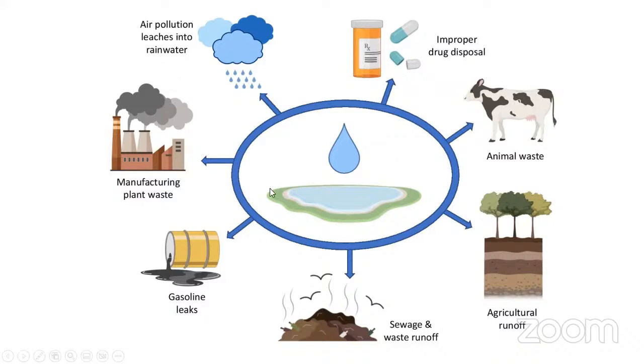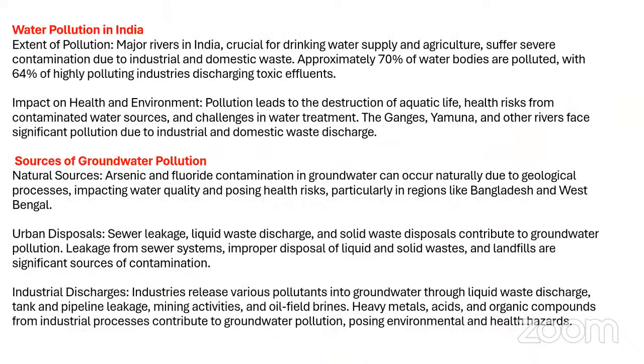If you are able to remember this image, you can write the different types of pollutants which may affect the groundwater quality. So try to remember this image and watch it a number of times. Then you can write the types of pollutants which affect the groundwater quality.